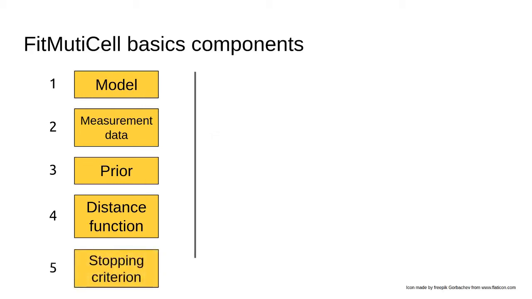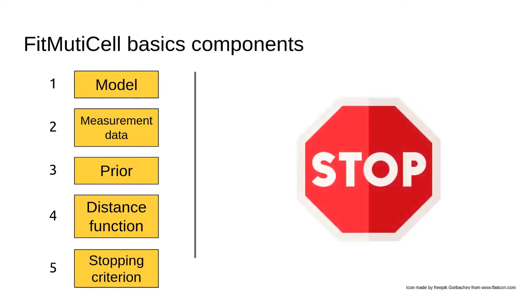Finally, the last component that you need to define, and this one is optional, is the stopping criteria. When do you want to stop your fitting process? There are multiple options that you can define to determine how to stop the fitting process. For example, if you reach a specific distance between your measurement data and your simulated data.